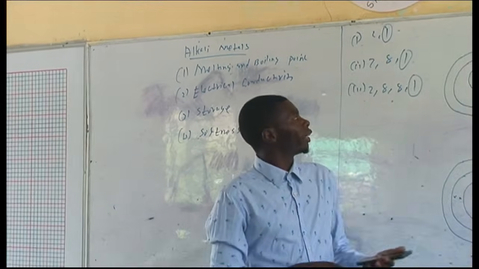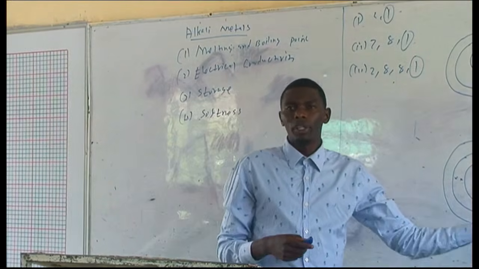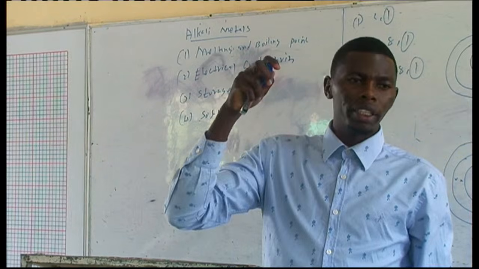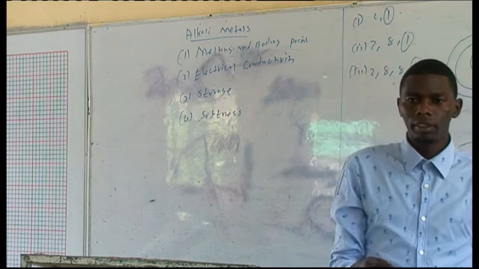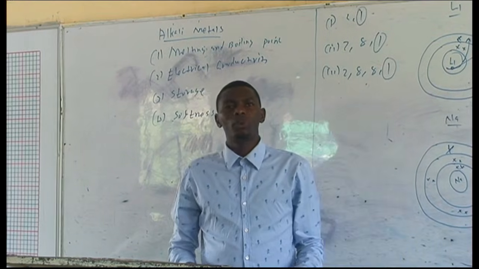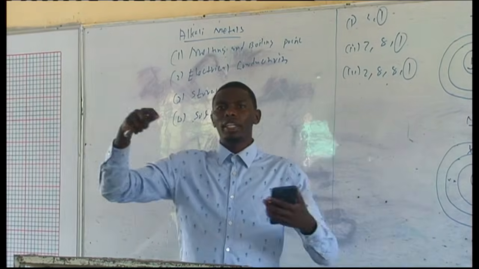Melting and boiling point. As we move down the group from lithium to potassium, the melting and boiling point decreases. The reason is there is an increase in distance between the nucleus and the outermost energy level.